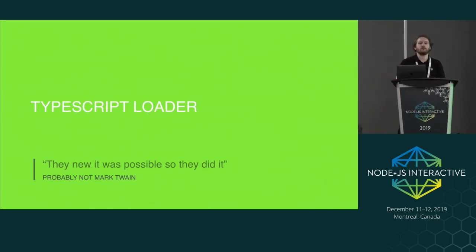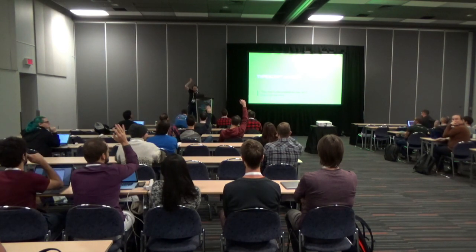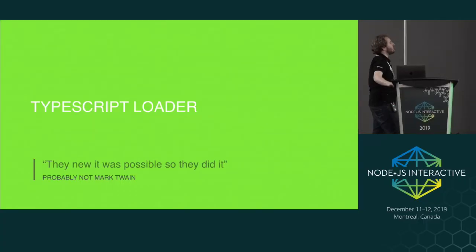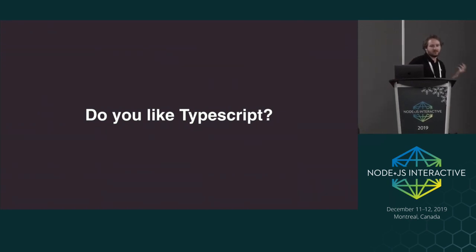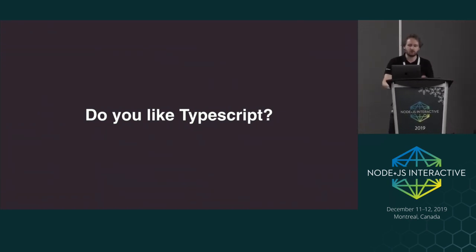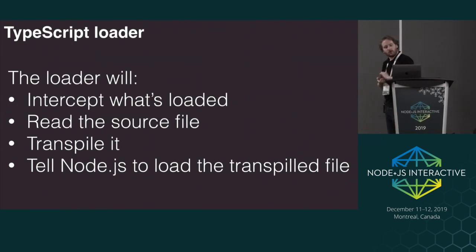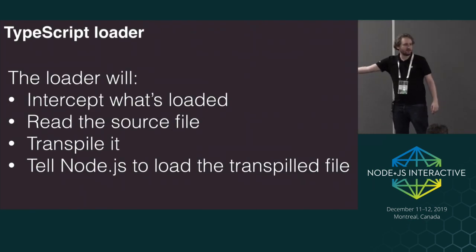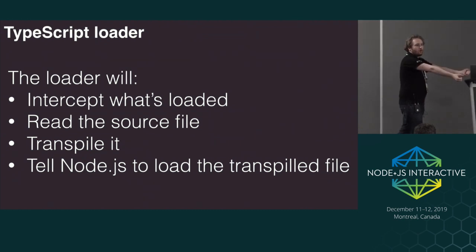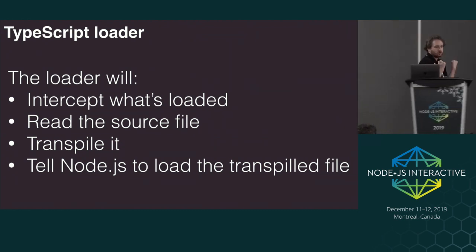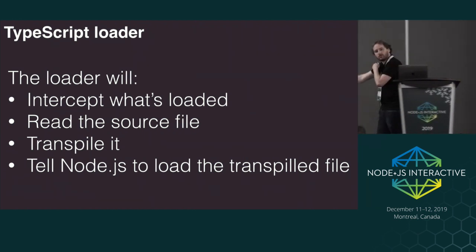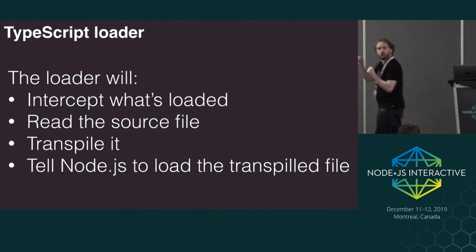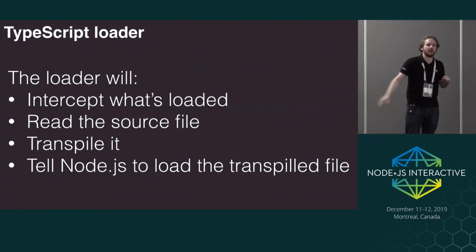Let's do examples then. Who here loves TypeScript? Yeah, I like TypeScript too. It's a great language. It reminds me of Java, but I like it. And the Node.js community and the JavaScript community at large loves TypeScript too. So let's build a loader that will intercept everything that is imported, read the source file of the TypeScript file you are trying to import in Node.js, transpile it to JavaScript, and tell Node to load the JavaScript file, not the TypeScript file.